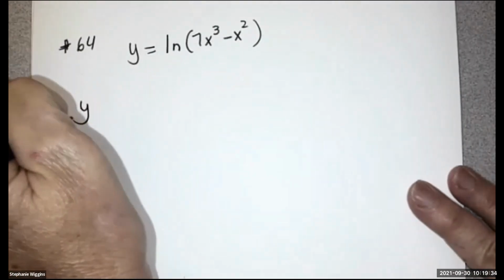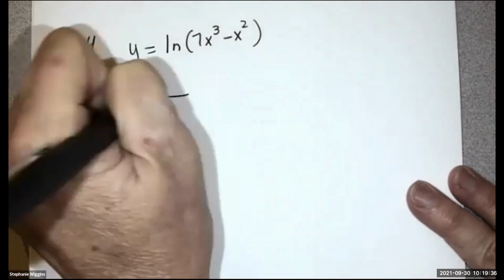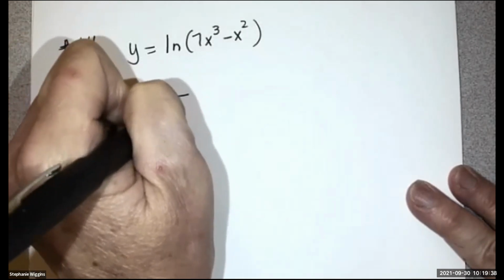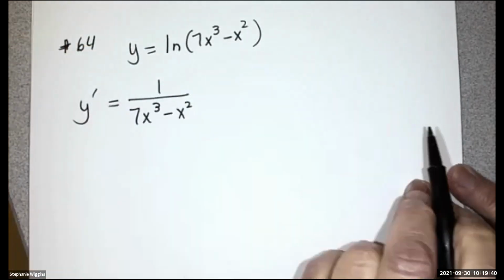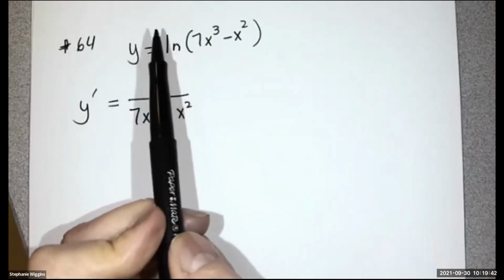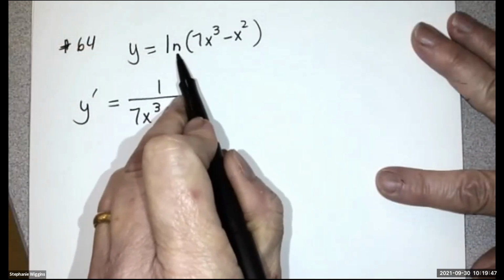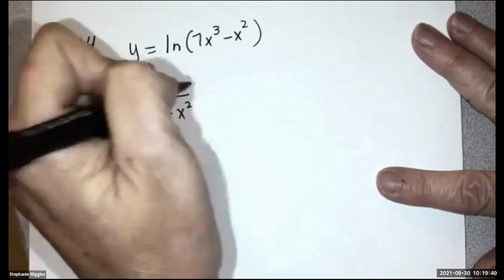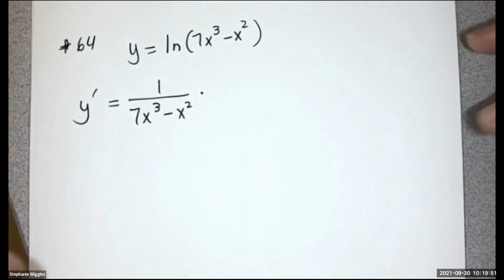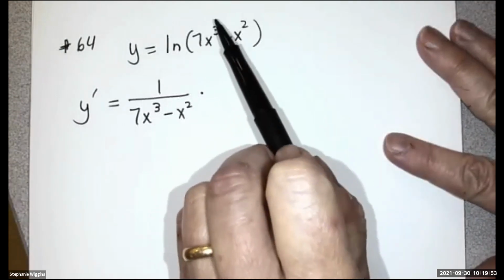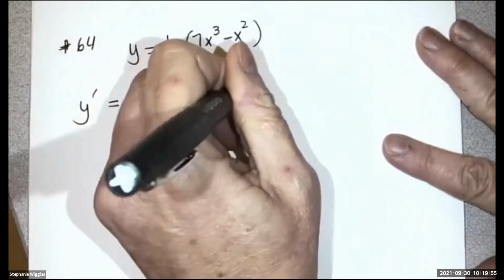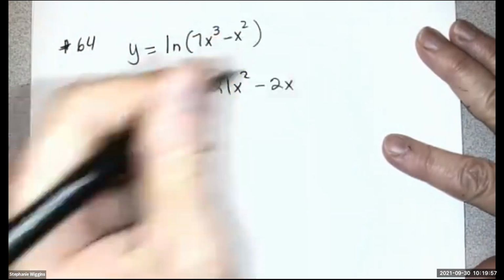So step one in taking the derivative is the reciprocal of the inside. Step two is the natural log of the base, or the 1 over the natural log. We don't need to do that step because this is the natural log function. And then step three is the chain rule. The derivative of the inside is 21x squared minus 2x.